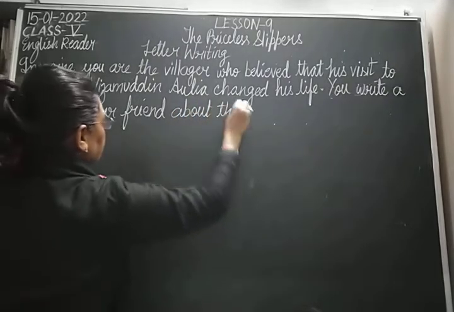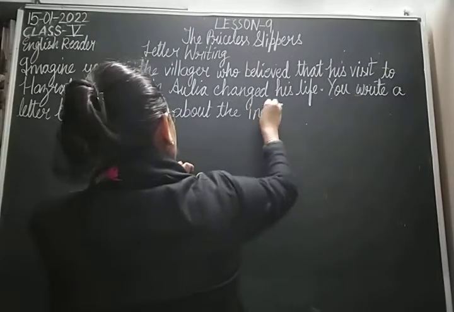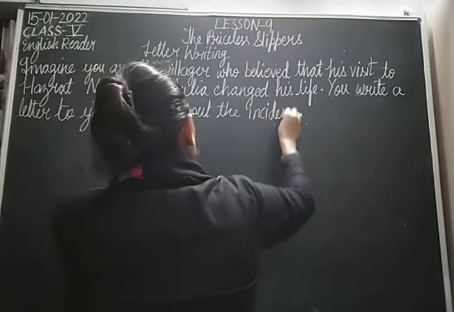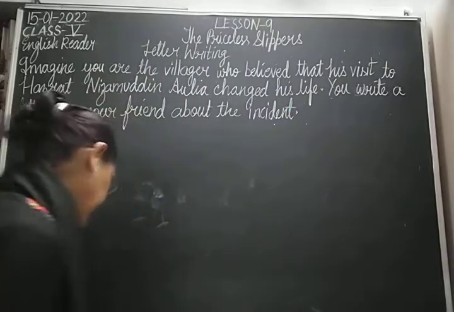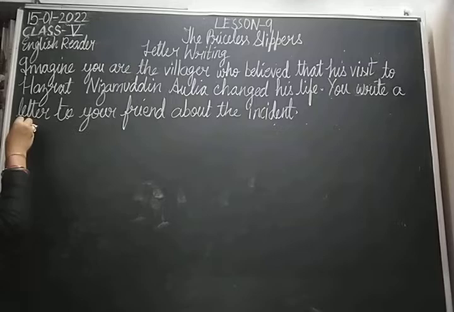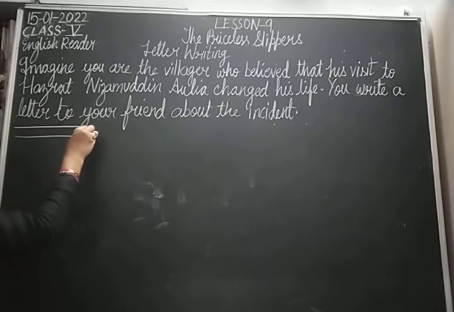This is the question, and this letter has to be done in your notebook. Fine. So I'm sure all of you remember the format of informal letter, that after the heading you'll write the heading. After the heading you will leave 2 lines. Clear? After leaving the 2 lines, we'll write the sender's address.